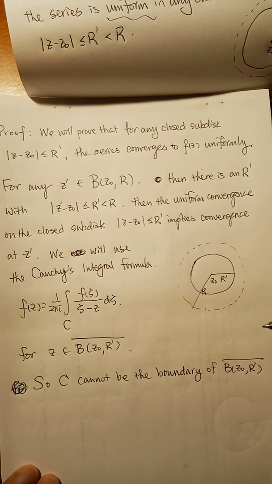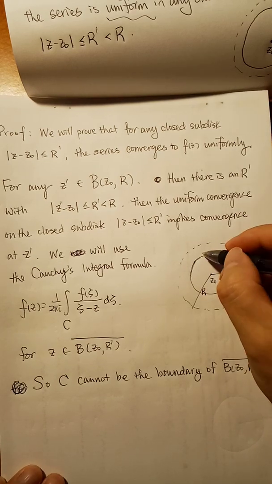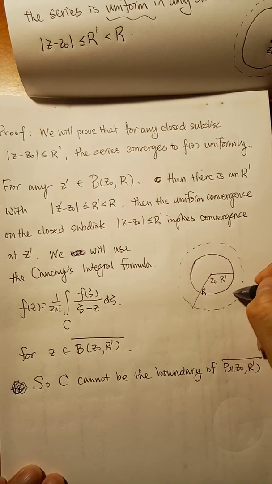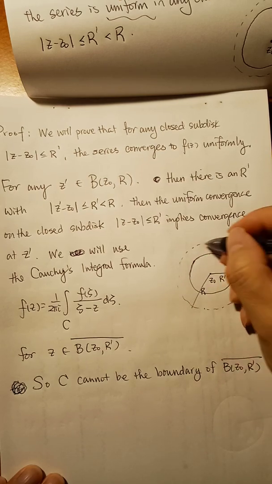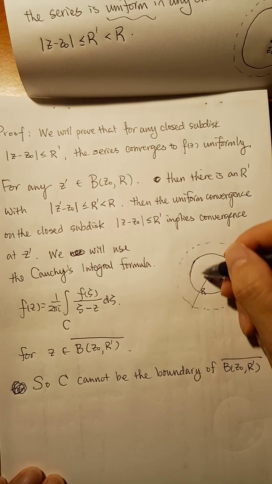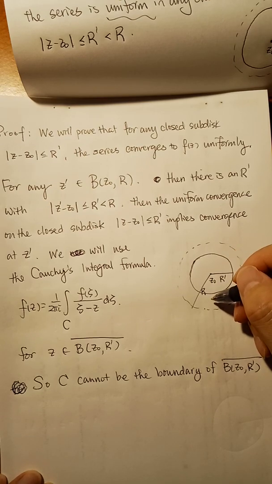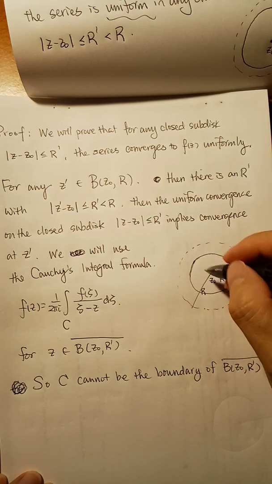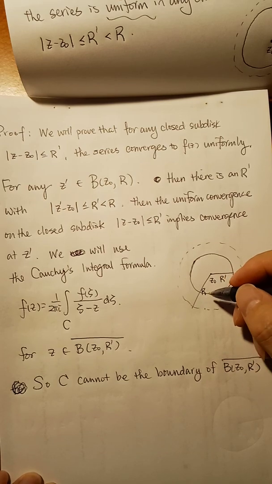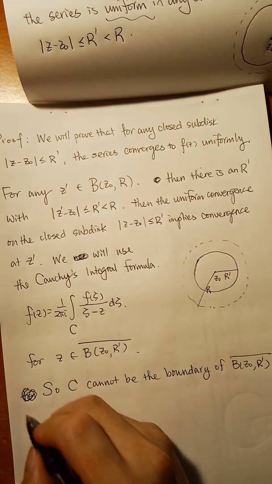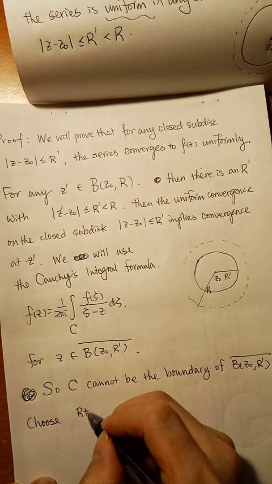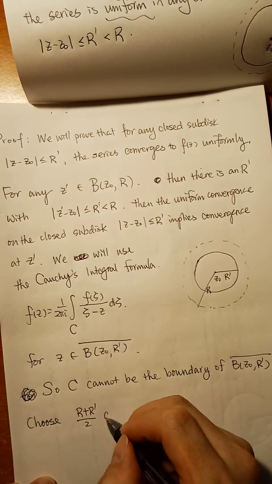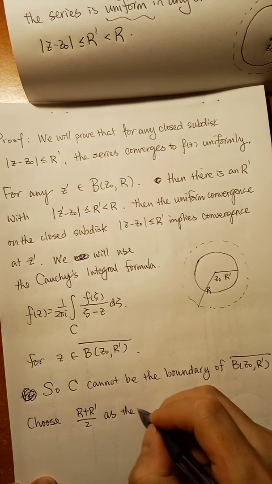Since you cannot use the boundary of this closed disk, let's draw a slightly bigger disk, a slightly bigger circle to surround this closed disk. Any circle will be okay, but here let's just get a nice quantity. So we choose (r plus r prime) over 2 as the radius.